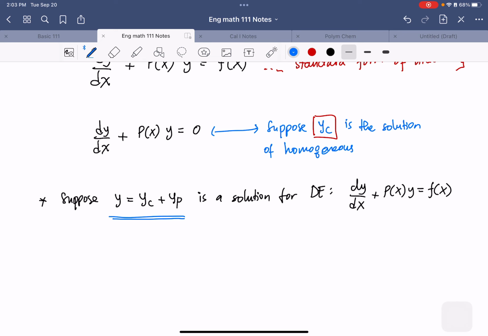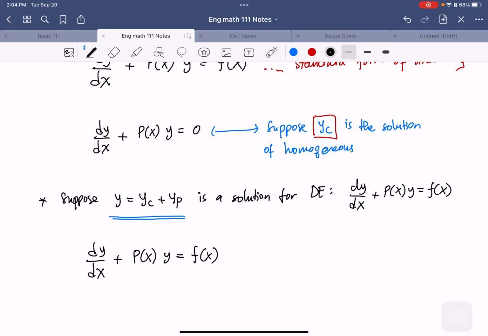So let's derive as usual. We have dy over dx plus p of x y equals f of x, right?